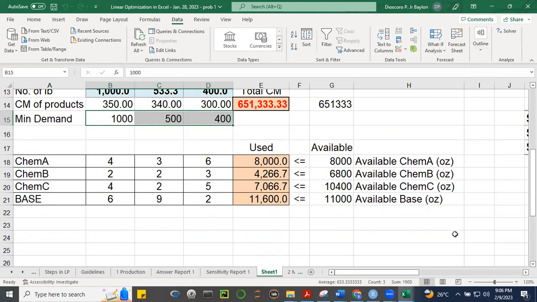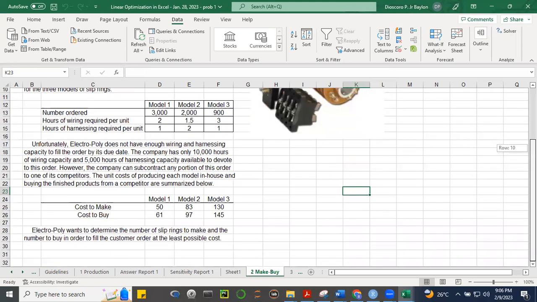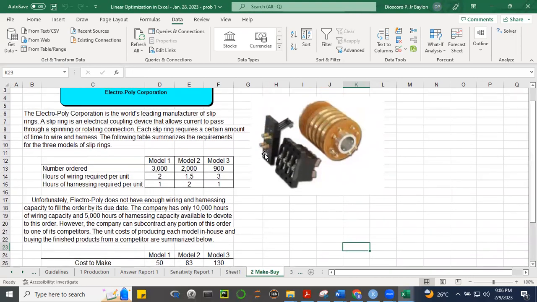Kaya may I ask you to please try to solve this number 2. Itong make or buy problem na to. And then we assume in this problem that kasi wire harness to, so dapat integer solution to kung tutuusin. Kasi hindi ka naman pwedeng gumawa ng 11.5 na units ng wire harness.